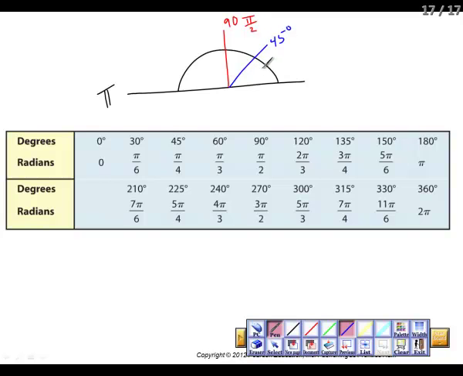Since that's half of 90, that's going to be a quarter of pi, so that's pi over 4. And so on. 60 degrees would be a third of pi. If we had 60 over 180, that's 1/3, so this would be pi over 3 radians. And so the entire conversion works that way.